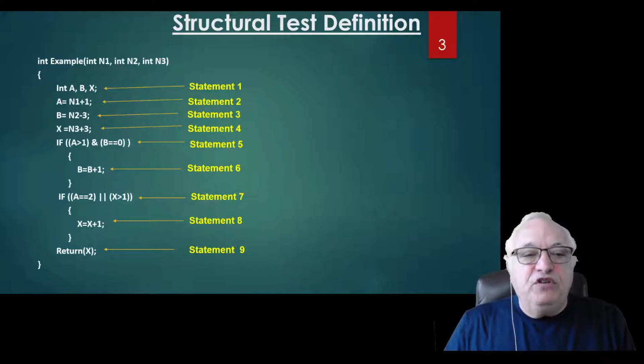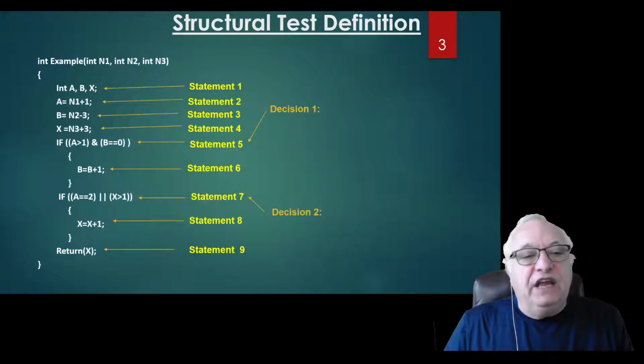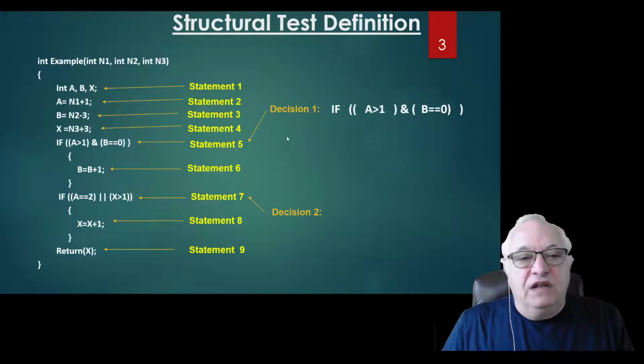Now, statement number 5 is a special statement that we're going to call a decision. The same thing goes for statement number 7. Basically, the outcome of the decision is going to depend on the conditions associated with that decision. So let me pull out this statement.